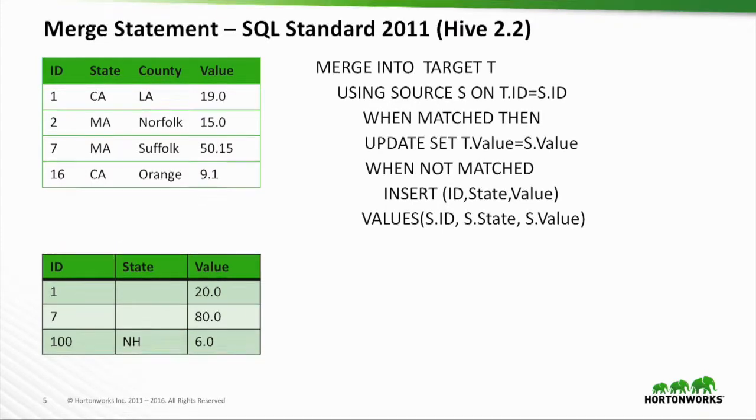So what the statement allows you to do, it has this on clause, which allows you to tell the system how to match up the rows between the target and source, which also implies that ideally it has a primary key. And also it has a set of optional clauses, these when matched, when not matched, which lets you instruct the system on what to do, how to update the target table or whether to perform an insert. It also supports a delete clause. So when there is a match, you can also instruct the system to delete the row from a target table.